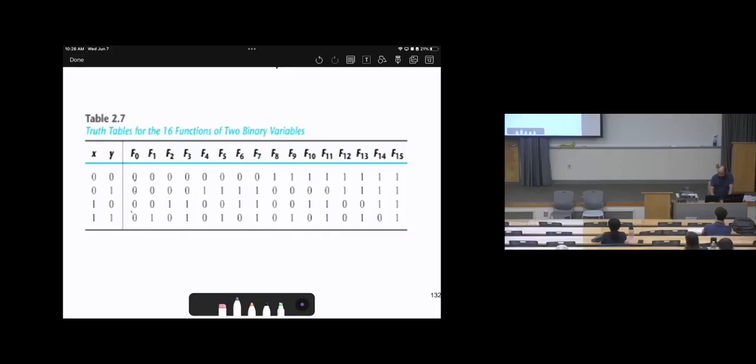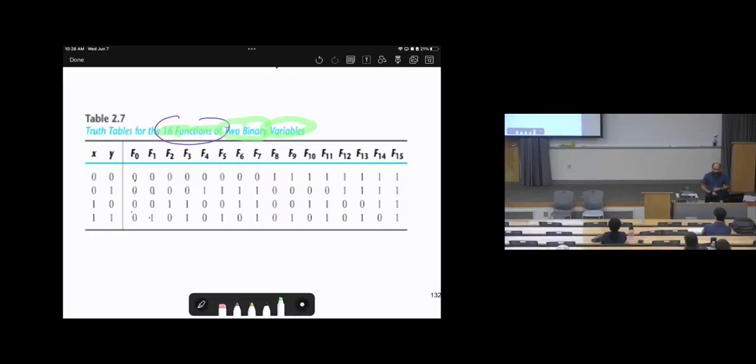I can make another function 0, 0, 0, 1, then 0, 0, 1, 0, then 0, 0, 1, 1, and so on. So when we have 2 variables, we can achieve 16 functions.